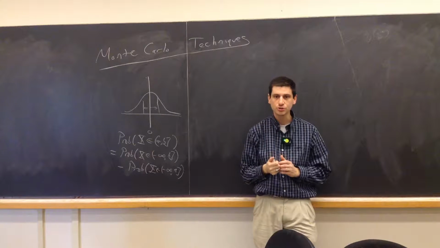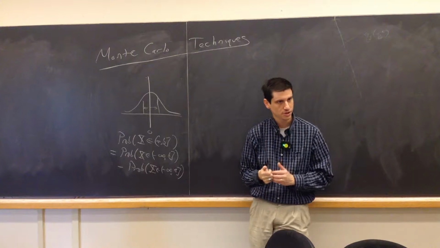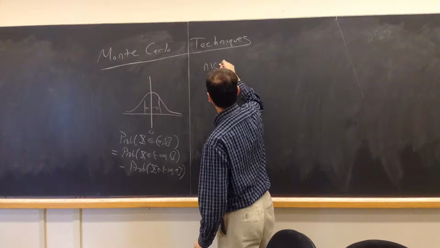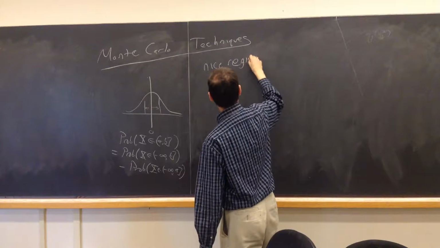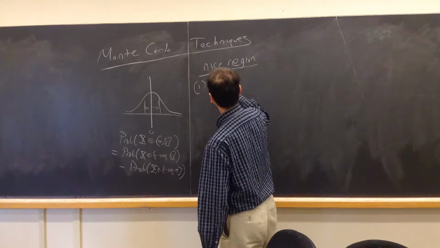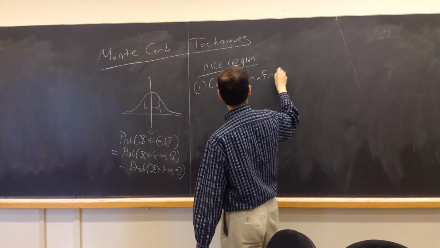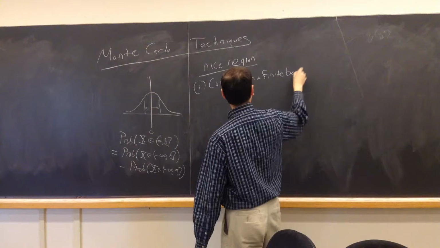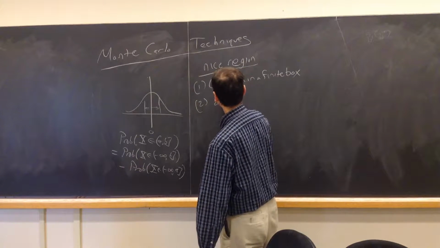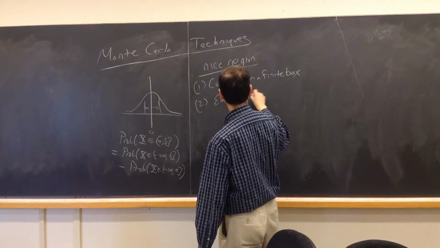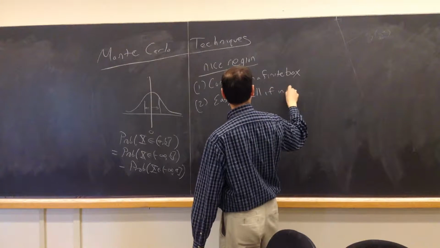What we're going to assume is that our region is nice. So what does it mean to have a nice region? I want two things to be true. One, contained in a finite box. And two, easy to tell if in or out.